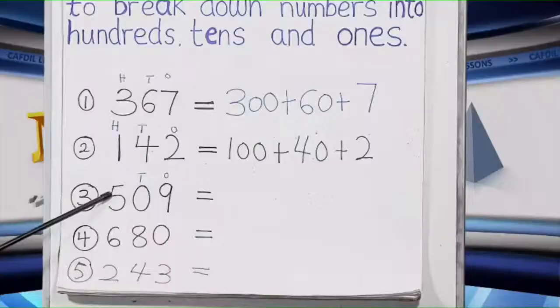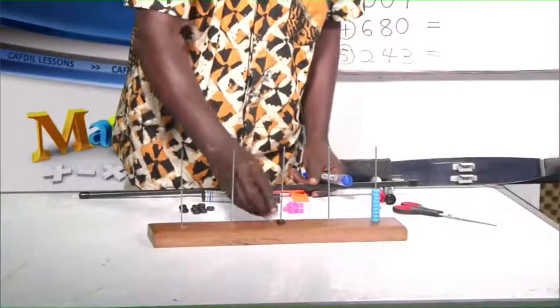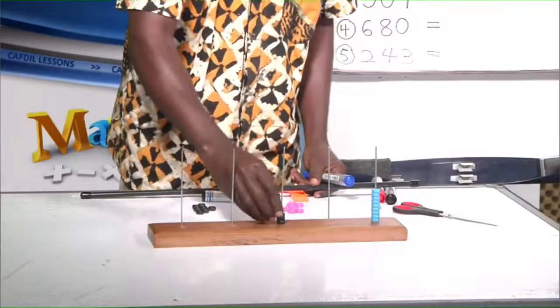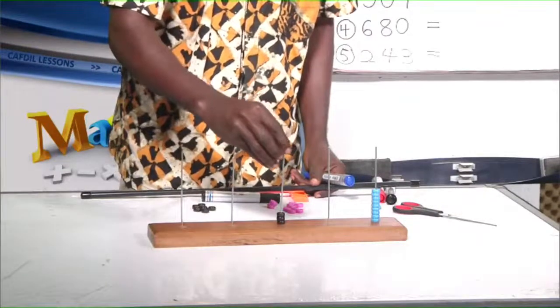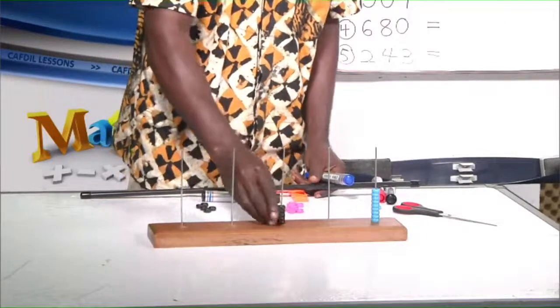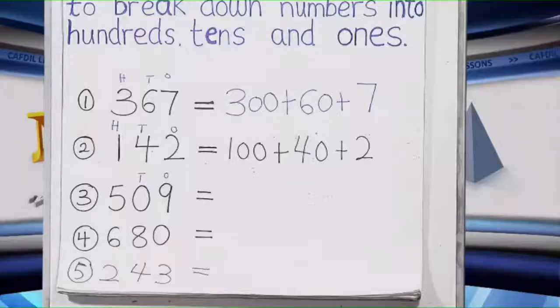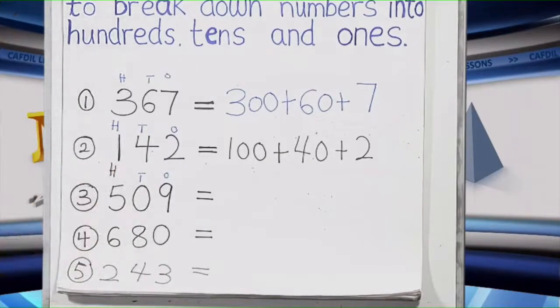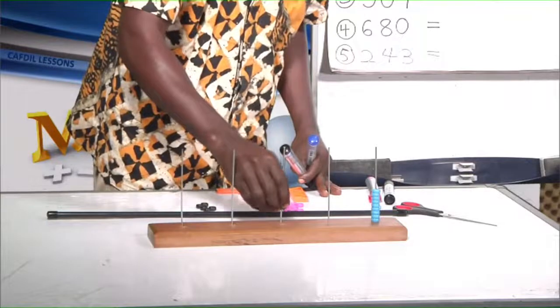We come to our hundreds column. For the hundreds column, we have 5. So you have 1, 2, 3, 4, 5. Now, remember the hundreds column, each bead shows 100.